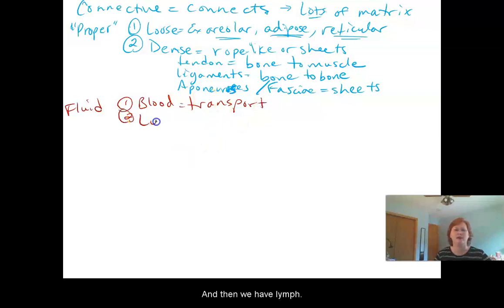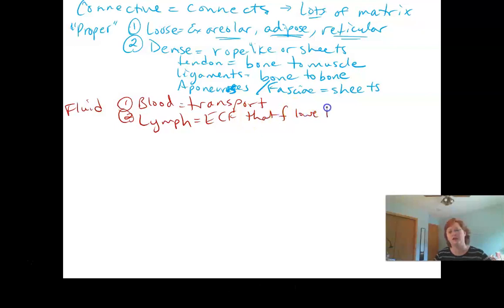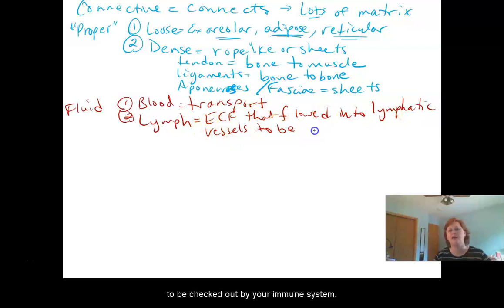And then we have lymph, which really was ECF, extracellular fluid, that flowed into your lymphatic vessels to be checked out by your immune system.